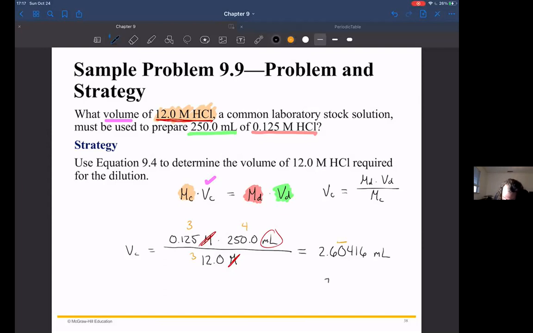So this would be 2.60 mLs. That means you'd only need 2.6 milliliters of your 12 molar solution, and you would mix that to create 250 milliliters of dilute solution that has a concentration of 0.125 molar.